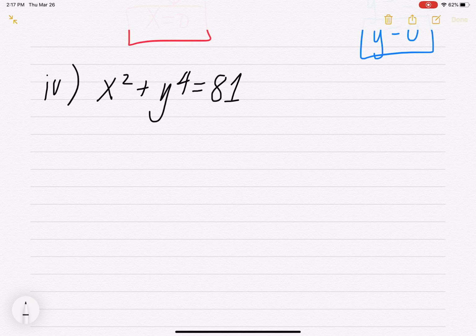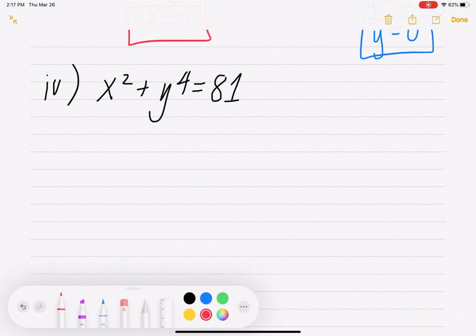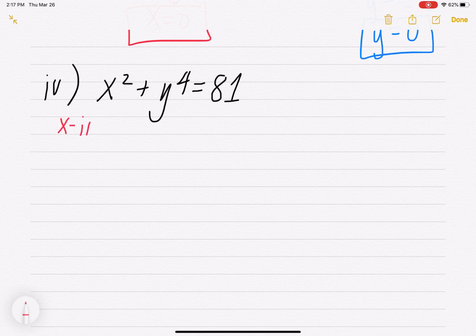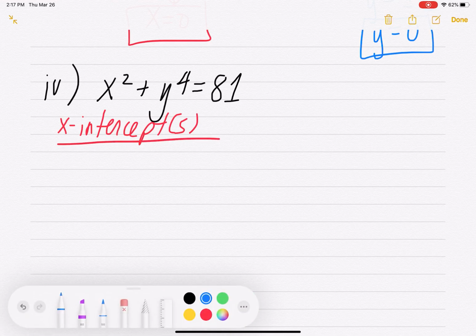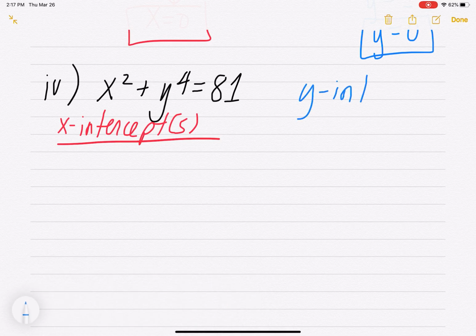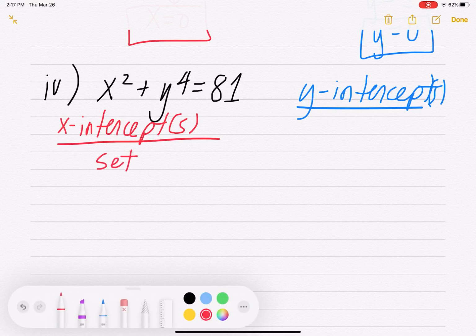And we want to find the x-intercepts and the y-intercepts. So I'm going to start off with the x-intercepts. I'm going to set y equal to 0.